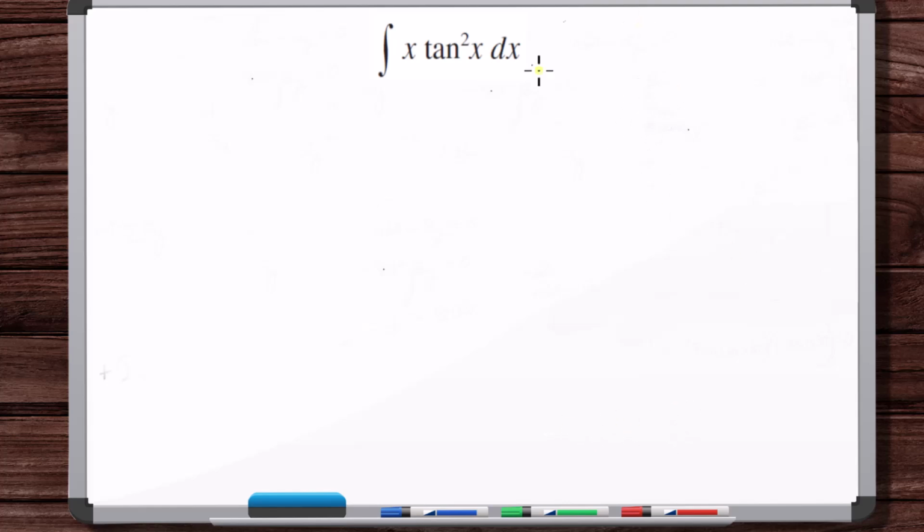So, I'm thinking integration by parts, but we'd rather have the secant squared because that's easier to integrate. So secant squared of x is equal to 1 plus tangent squared of x.